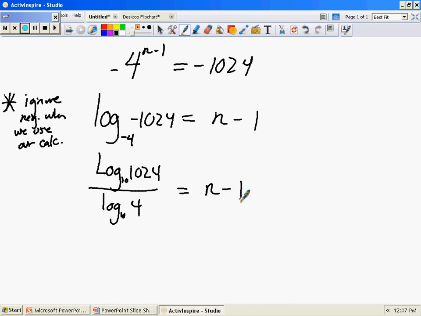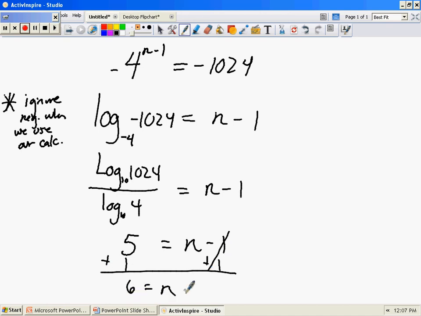What is log 1024 divided by log 4? So 5 is the answer for that. And then all we have to do is add 1. And we get 6 equals n. And that's your upper limit. It's the 6th term.